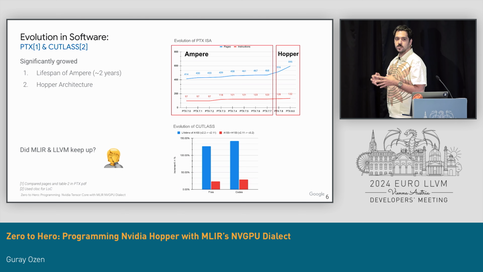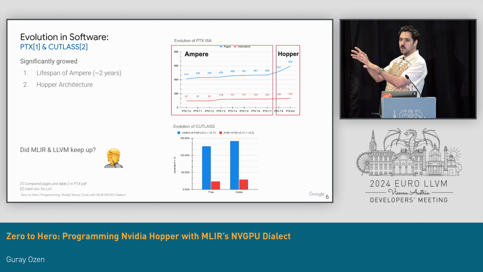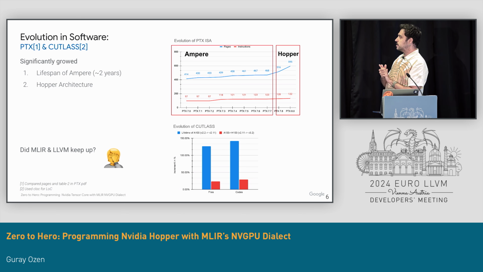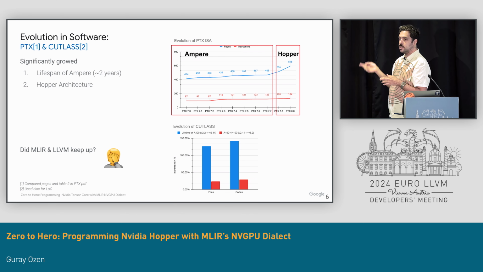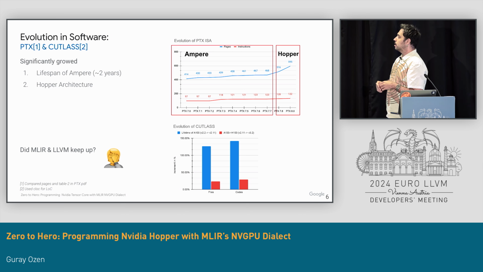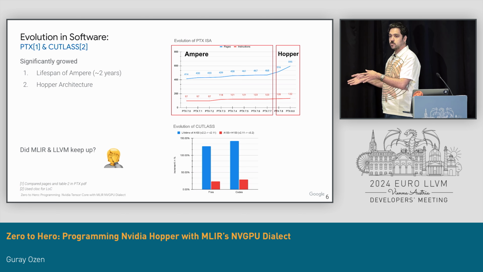These two programs are increasing massively. They are trying to catch up with the hardware, which is moving really fast. Even during the lifespan of the Ampere GPU, which is 2 years, these two pieces of software increased quite a lot. So today we have Hopper, more hardware features, and the software is growing.